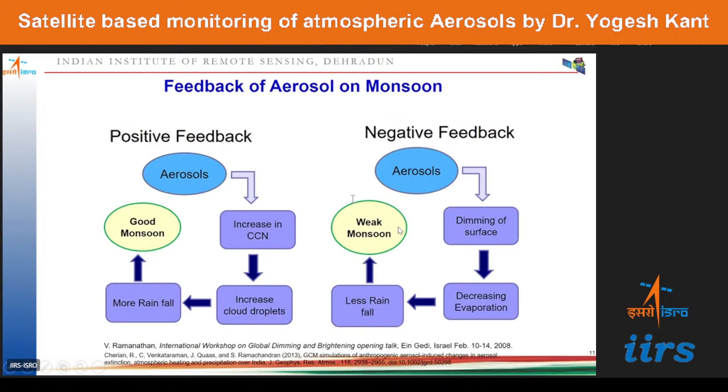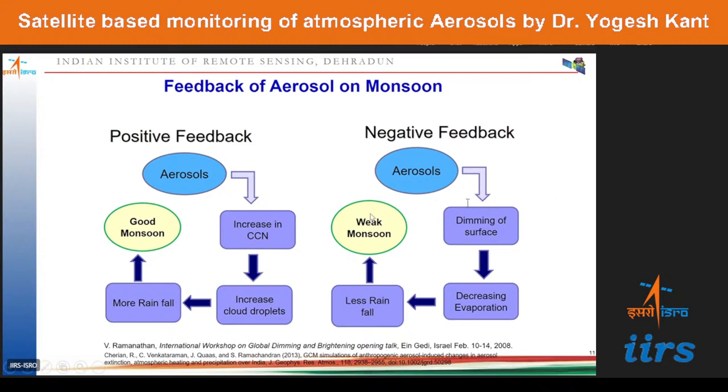Now also the feedback of aerosol, because aerosol also affects many processes, particularly the monsoon. There is a lot of research going on about whether it has a positive or negative impact on the monsoon. We are not sure how it behaves.